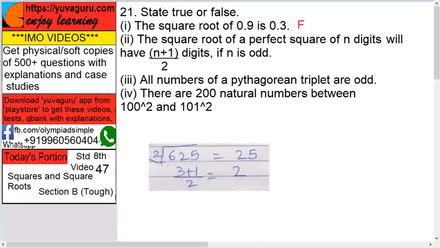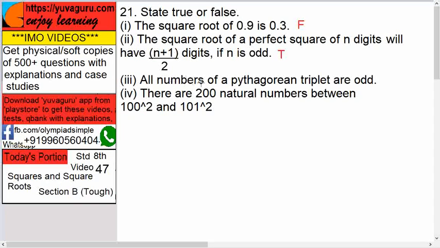Let's see this: 625. 625 is a perfect square of 25. How many digits are there? 1, 2, 3. Odd, right? So the square root will have (n plus 1) upon 2, that is 3 plus 1 upon 2, that is 4 upon 2, that is 2 digits. That's right. You can check with any number which has odd digits, and it should be a perfect square, then try to find the square root. So this answer is true.